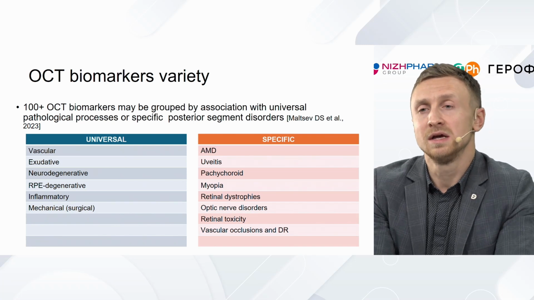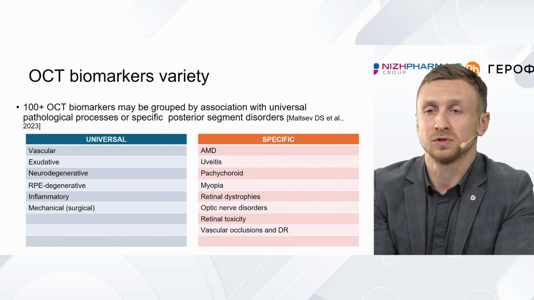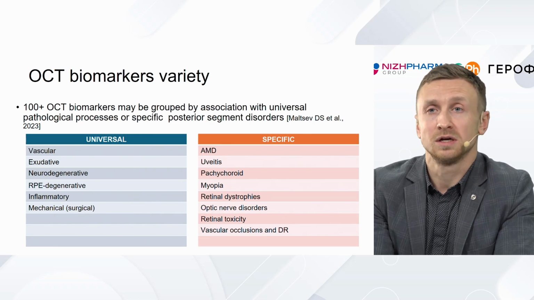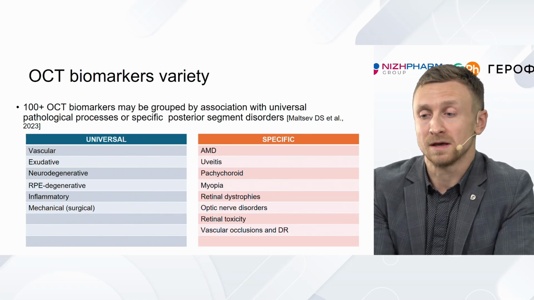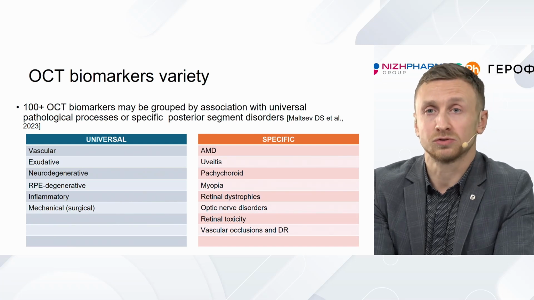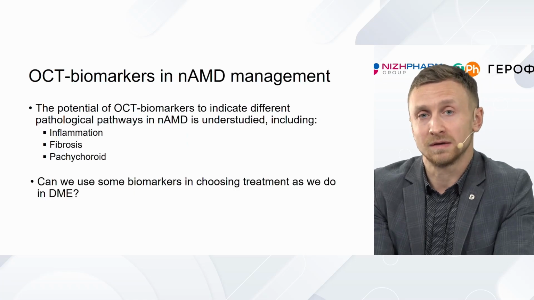Well, in particular, age-related macular degeneration and retinal toxicities, and they are more for differential diagnosis. And universal are very good for the prognosis, for prediction, because they reflect particular injuries or defects that influence specifically the outcomes of treatment of the patients.